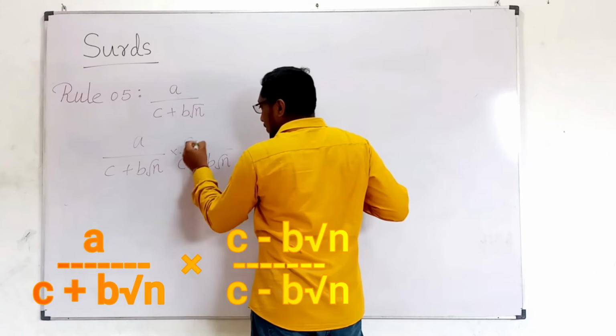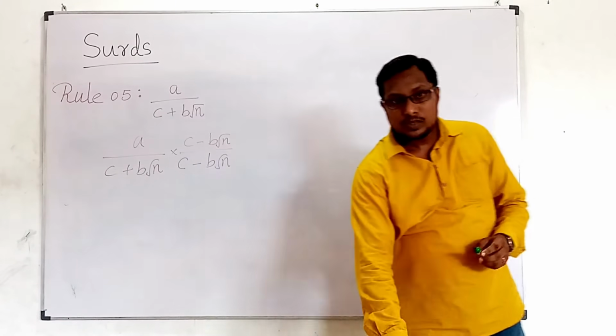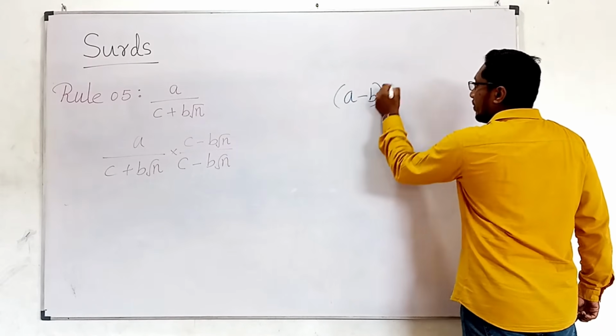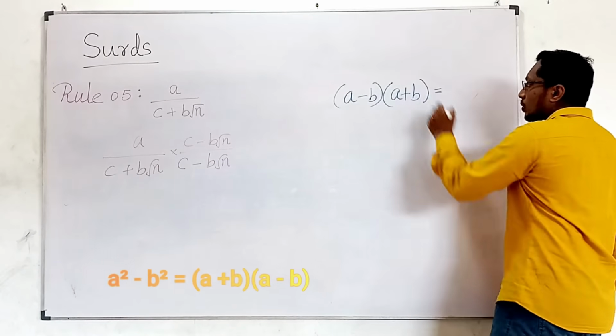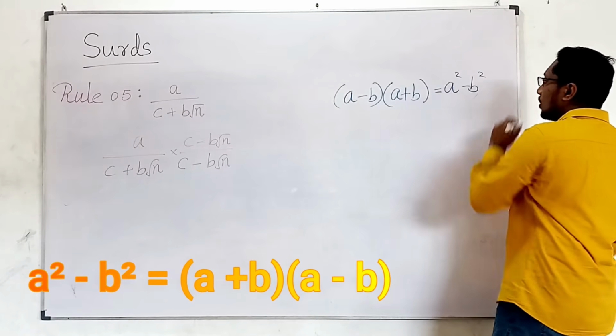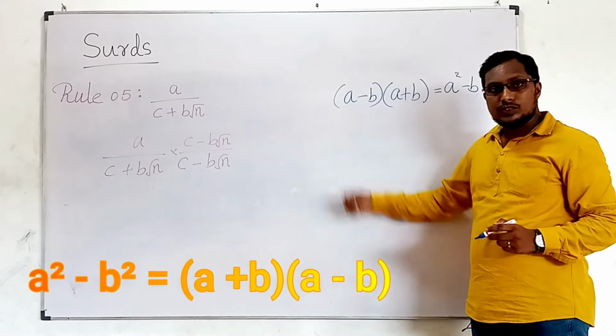So I would like you to remember one previous piece of knowledge. If you remember, when we multiply a minus b by a plus b, the result will be a squared minus b squared. This is a familiar result which we know as the difference of two squares.